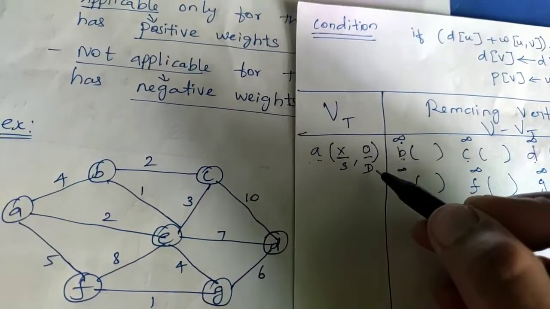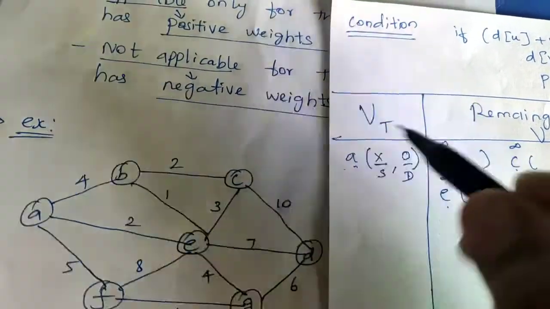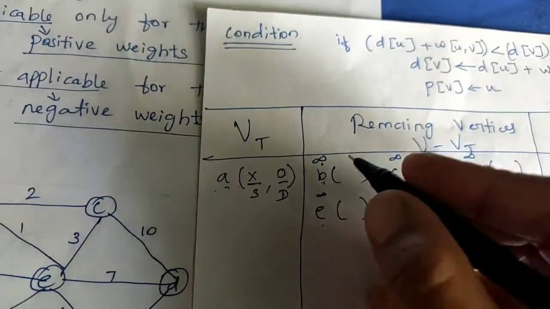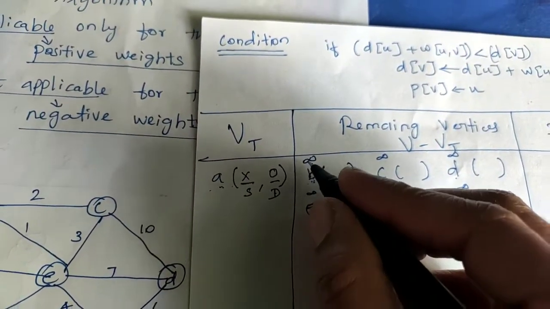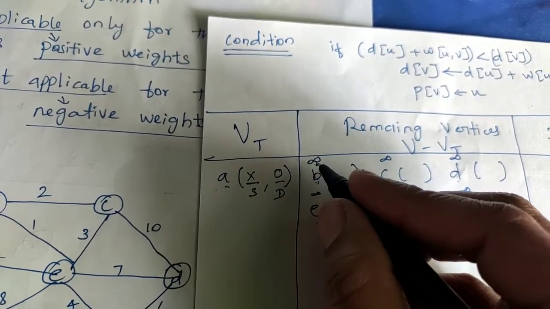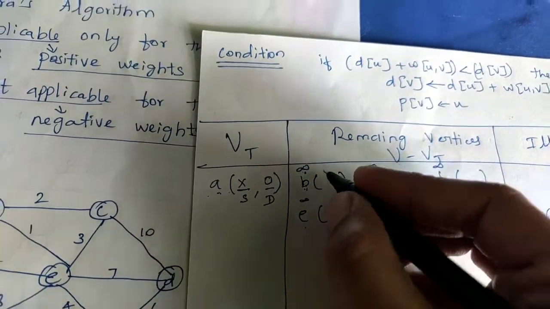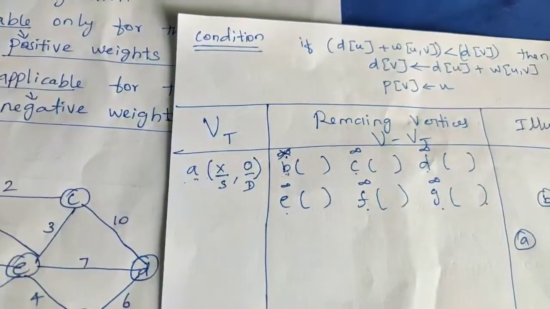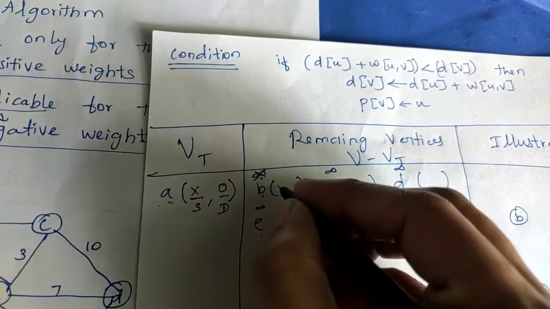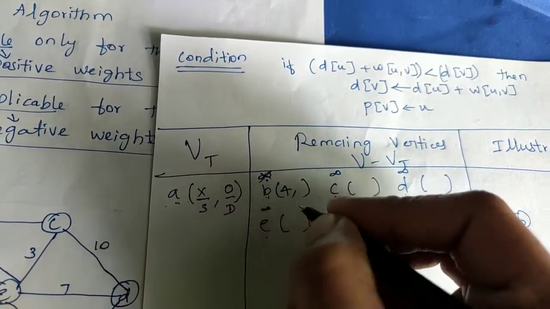Now I am finding a distance from A to B as 4. Now 4 is less than infinity. If it is so, I need to update the distance infinity to 4.